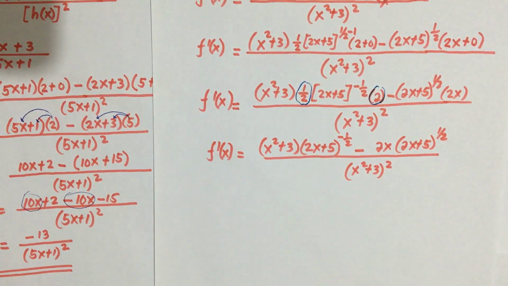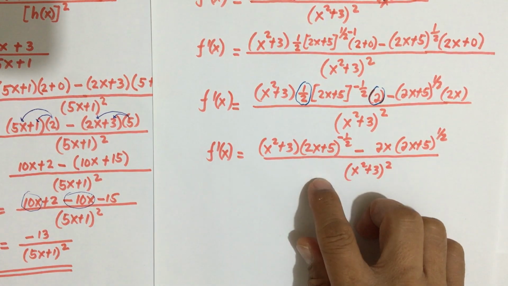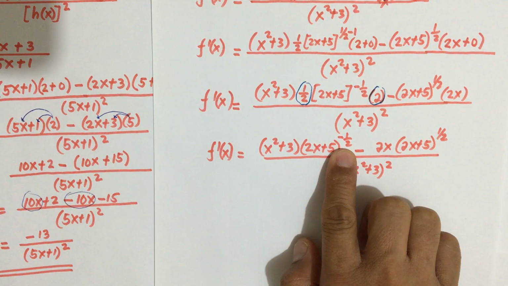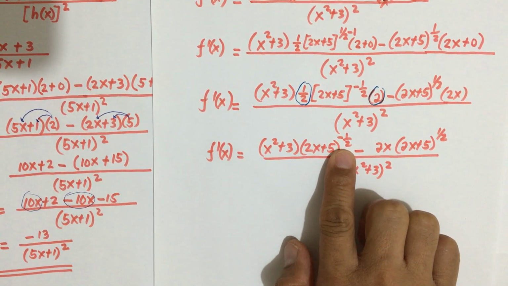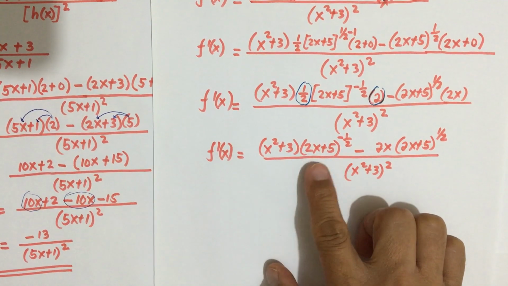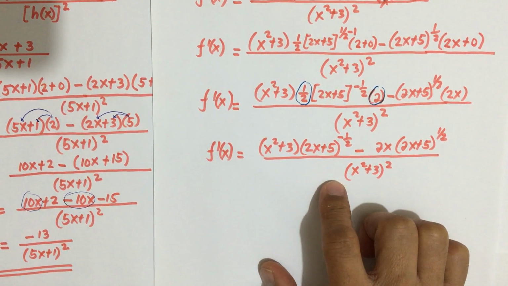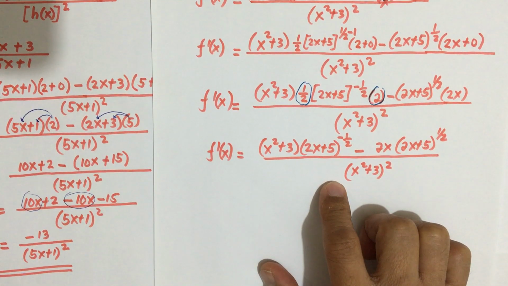Okay, so if you want to simplify this one, then actually you can bring this down. This becomes more complex, so I don't have to do that here because it will cost us a lot of time to simplify this one, but just try yourselves.